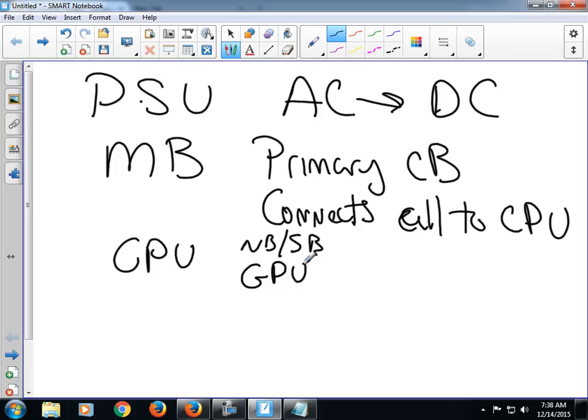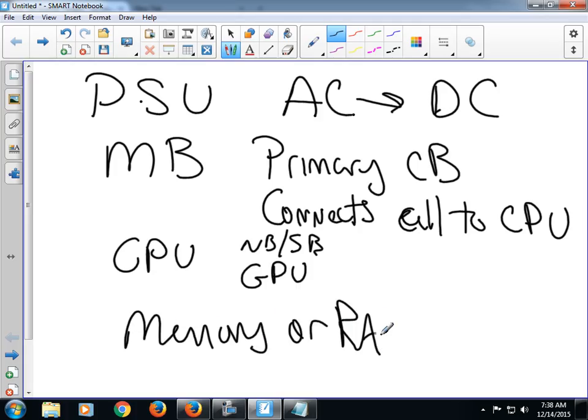But if I want to boot it to BIOS, I gotta have... What is it? What's the only other thing I have to have in order to boot a PC? Memory? Yeah, there we go. We gotta have memory, or RAM, either one. I have to have system memory on that PC. That's the only thing I have to have to make a PC work.